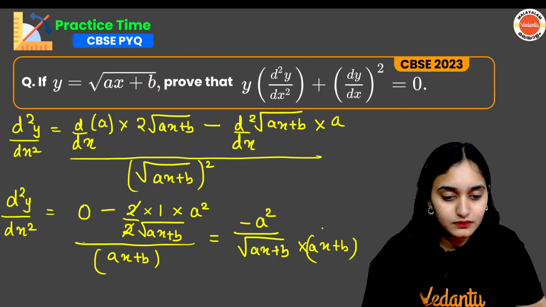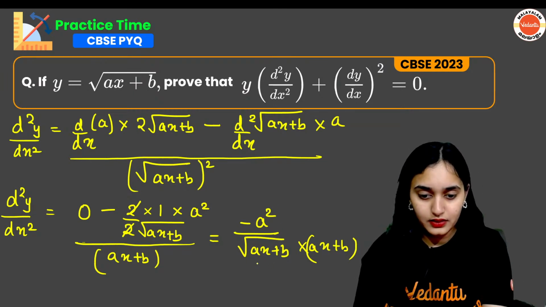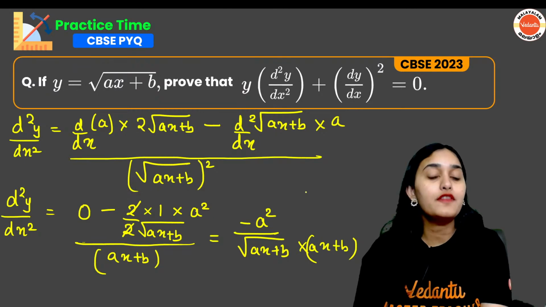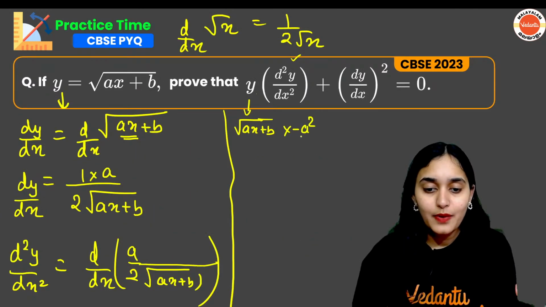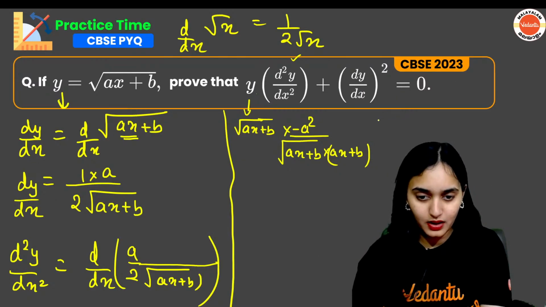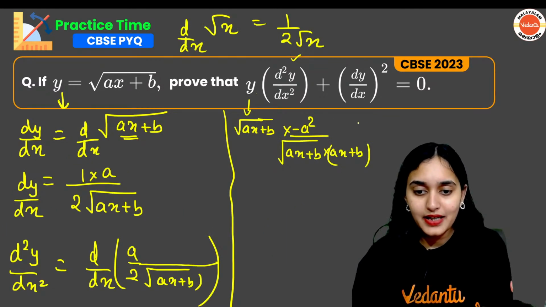Yeah, and this becomes (ax + b) to the power of 3 by 2. So it will be minus a square upon ax plus b into ax plus b. Okay. And we have plus (dy by dx) whole square.